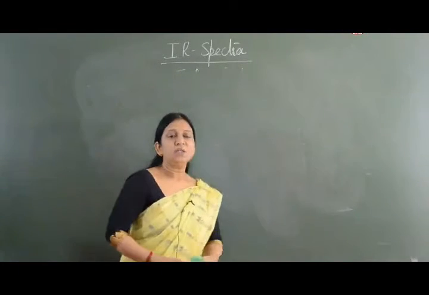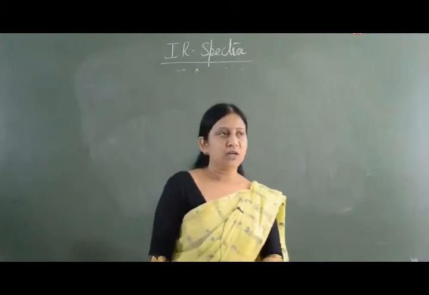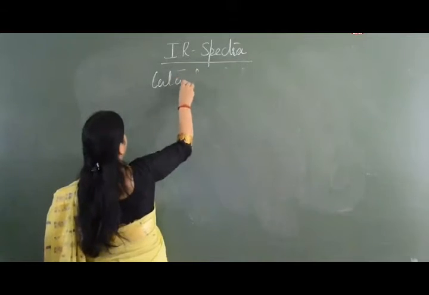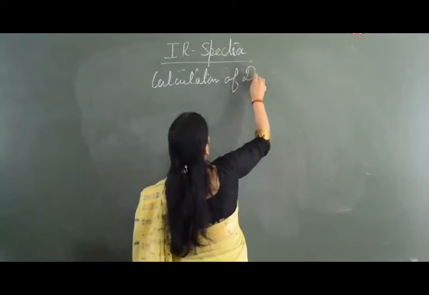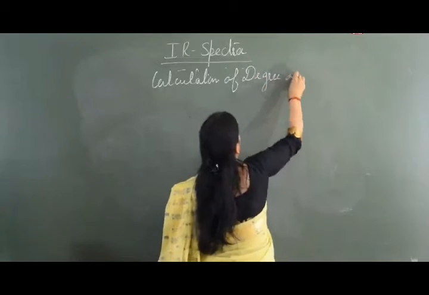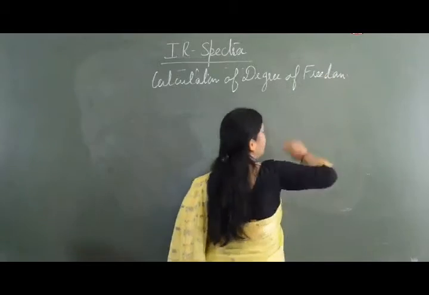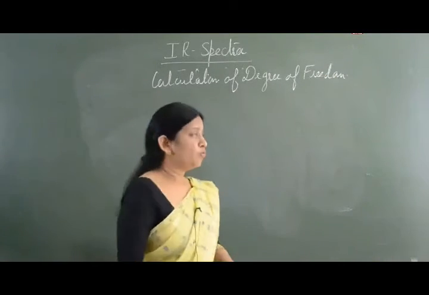Now in IR spectra we can calculate the degree of freedom of a molecule. So the next topic is the calculation of degree of freedom in a molecule. Degree of freedom means how much freedom is there for the molecules for any kind of movement.